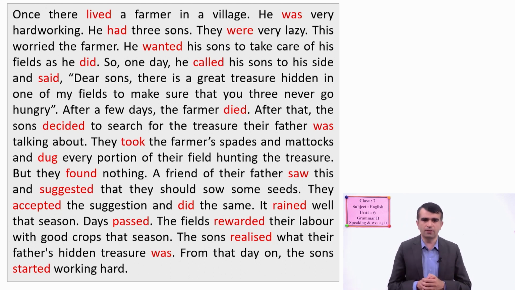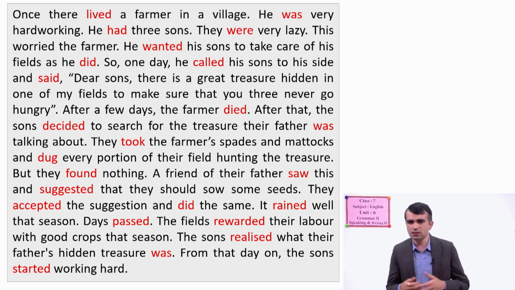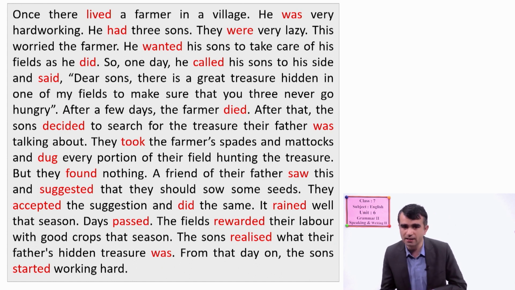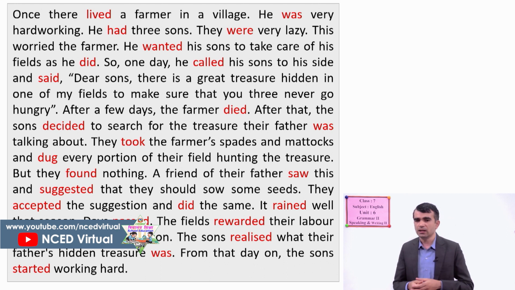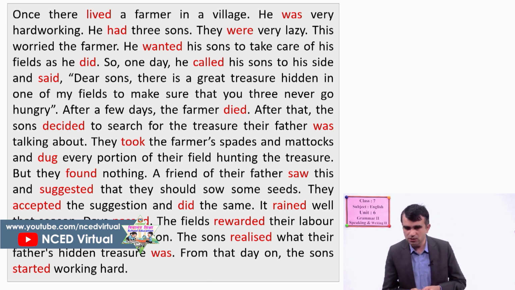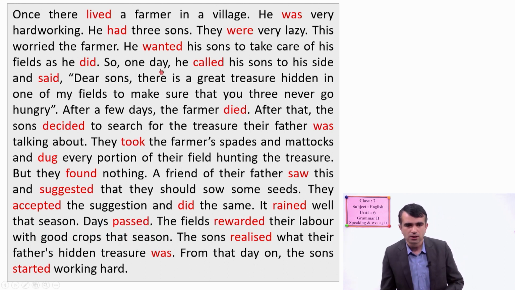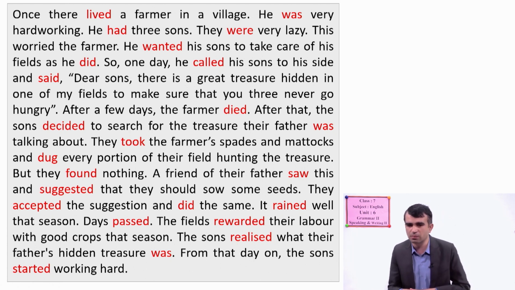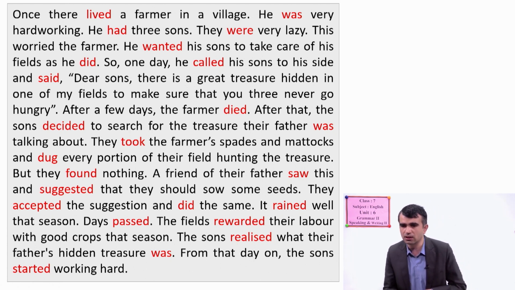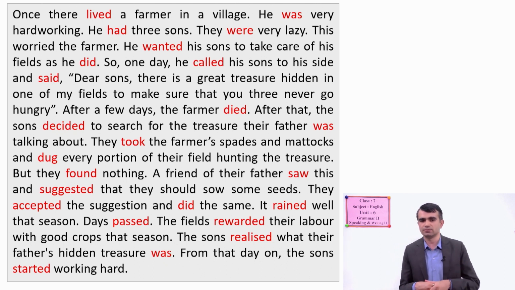This worried the farmer. He wanted his sons to take care of his fields as he did. So, one day he called his sons to his side and said, "Dear sons, there is a great treasure hidden in one of my fields to make sure that you 3 never go hungry."